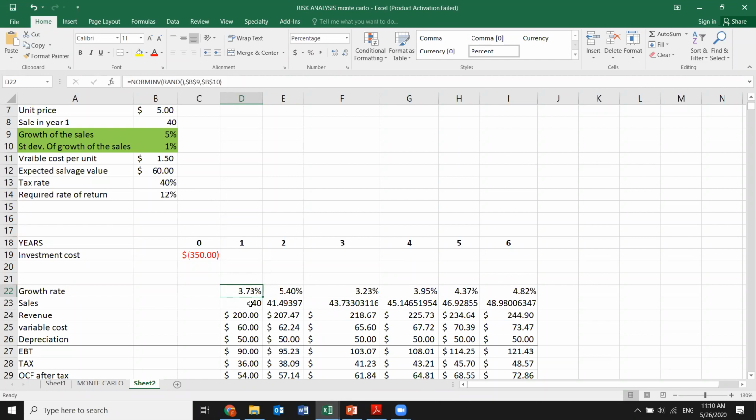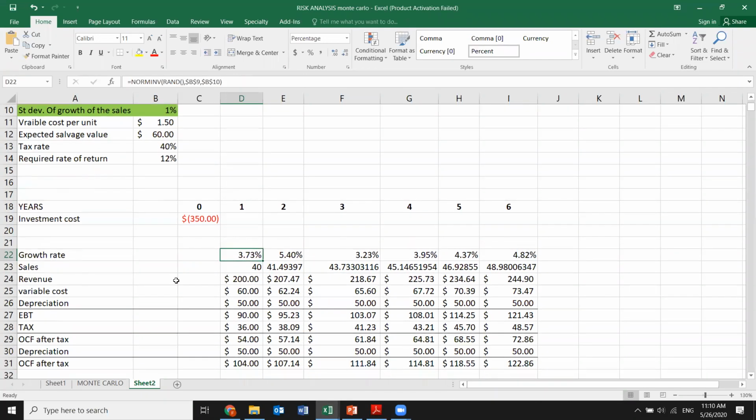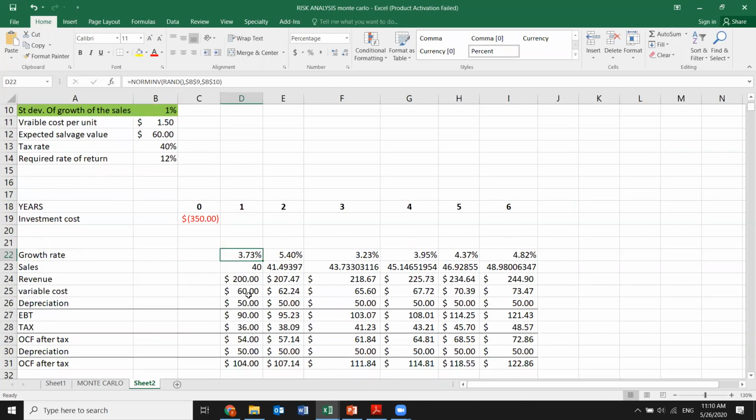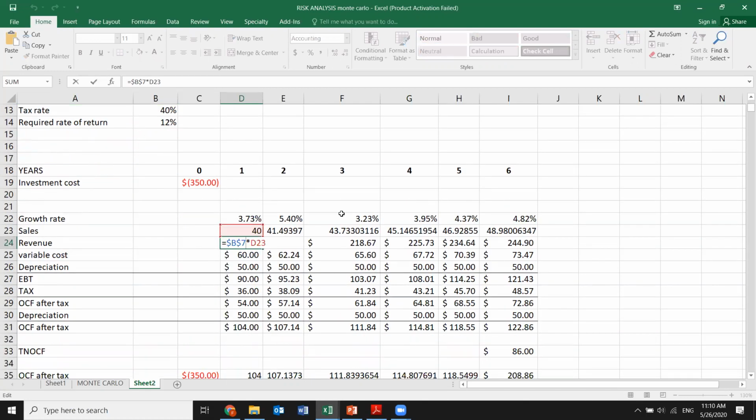In accordance with that, we said the sales is 40 units produced and sold, and starting from year 1 to year 2, it's going to grow with the growth rate 3.73, and it will proceed in this way. Then revenue is found as the price times the sales amount, and it goes on for the 6 years.